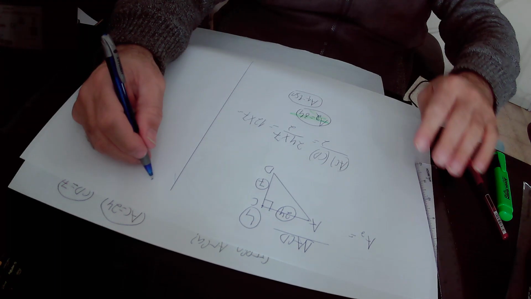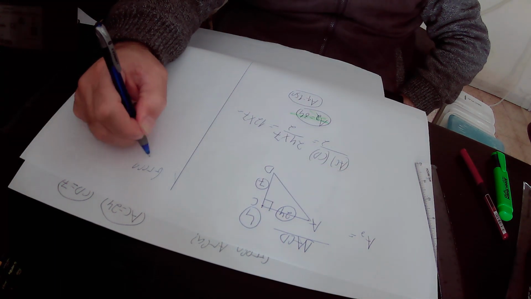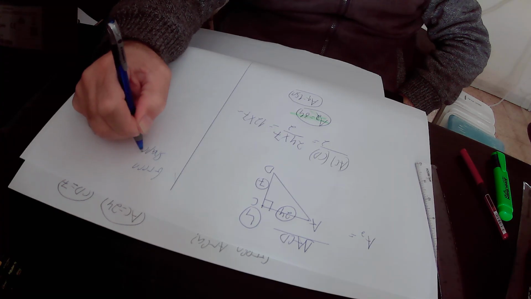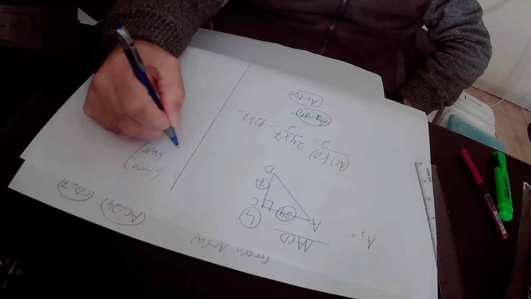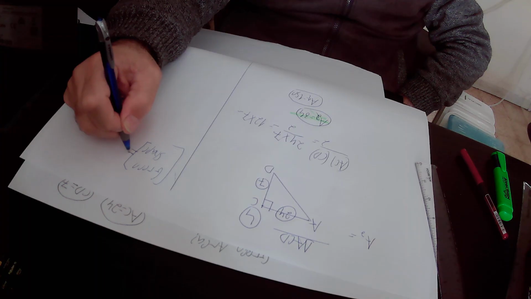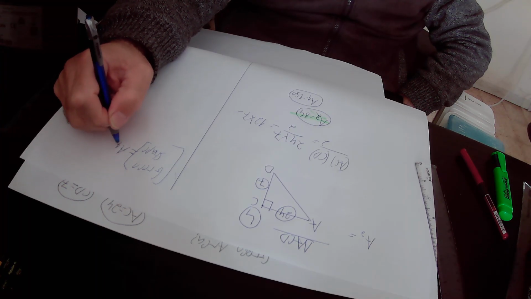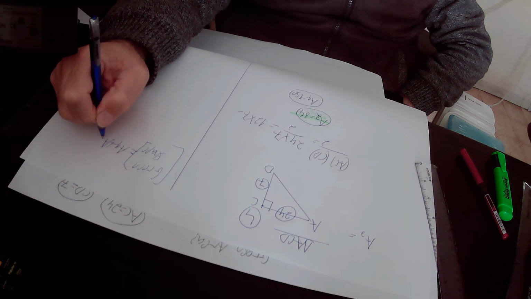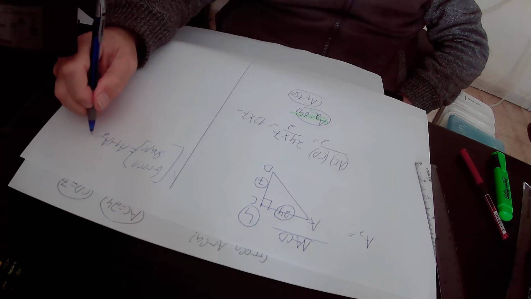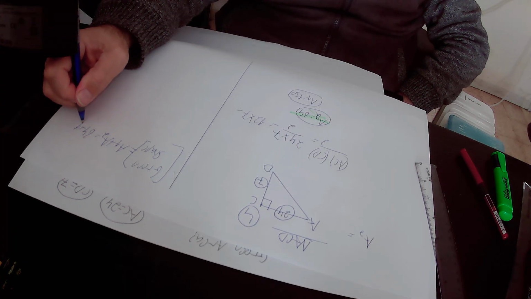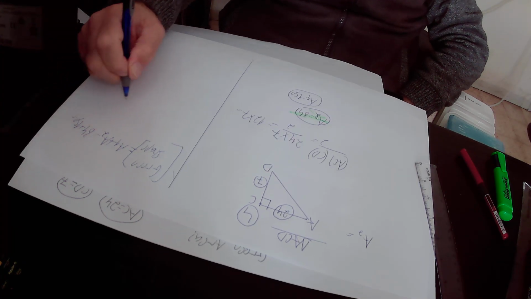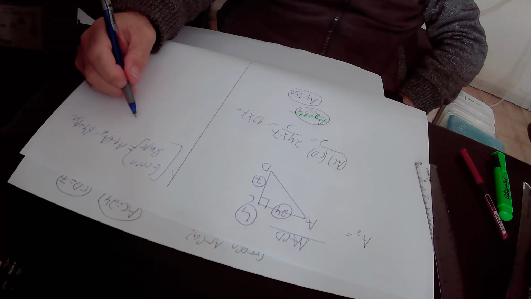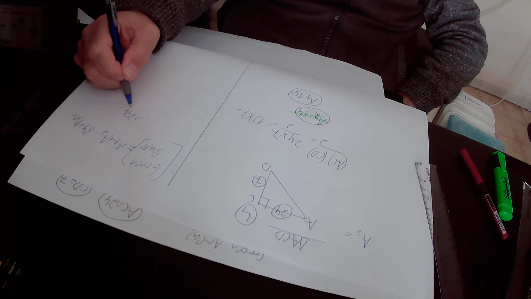The total area of the green shape is equal to A1 plus A2. A1 is 150 plus A2 is 84. 84 plus 150 is 234.